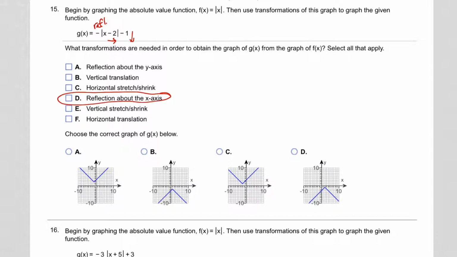Well, let me just check them off. Vertical translation and horizontal translation. So this thing should be upside down, which means it's not any of those. And if we go to the right 2 and over 1, it's going to be this one.